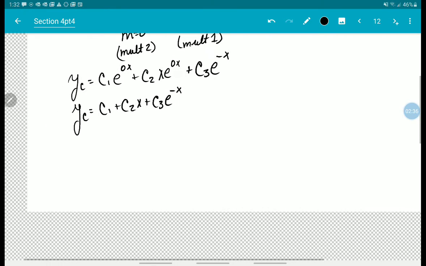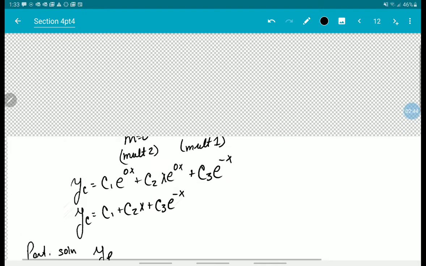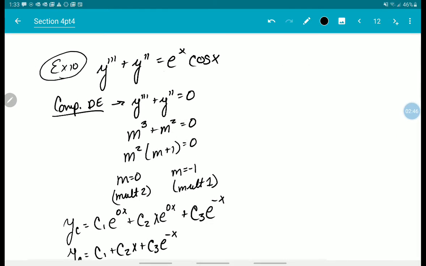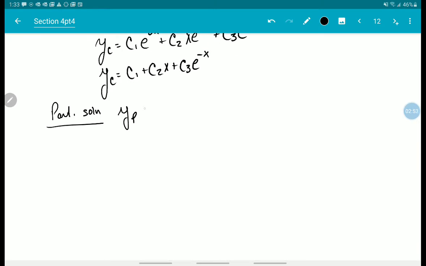So now let's come up with our educated guess for our particular solution. So if we examine what's going on the right-hand side, that non-homogeneous piece there, we have an exponential times cosine, which means our particular solution has to be in the form of an exponential times our trig.